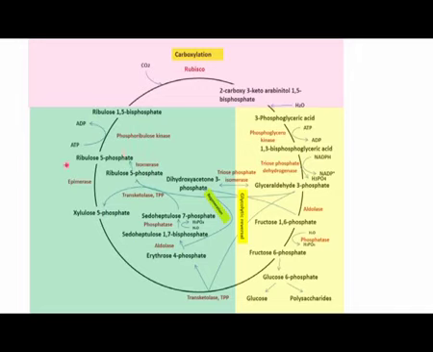So, ultimately the ribulose 5 phosphate is formed from the xylulose 5 phosphate as well as the ribose 5 phosphate. Once the ribulose 5 phosphate is formed, it goes for another round of phosphorylation with the help of ATP, and the enzyme is phosphoribulokinase.